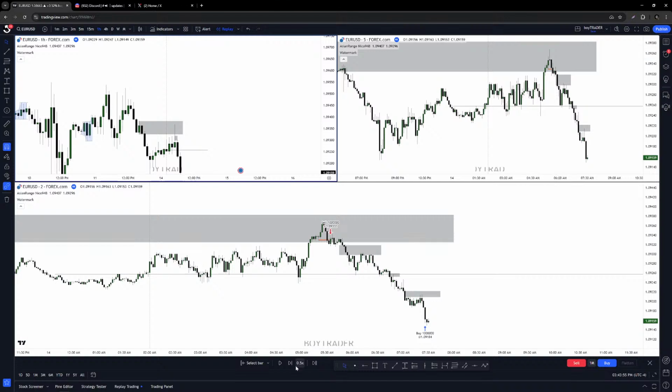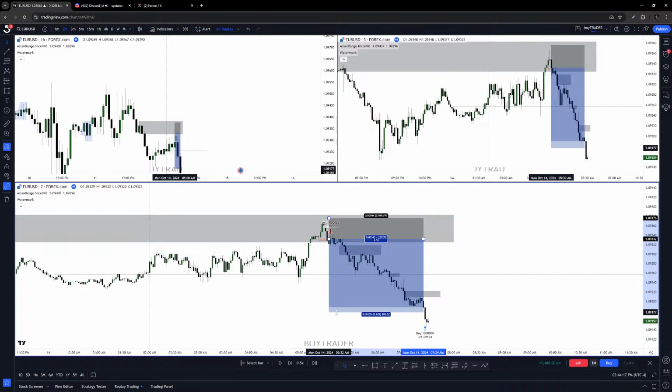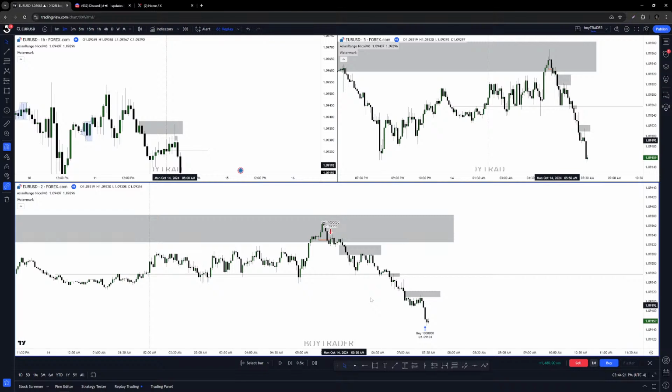So with that being said, this goes for Monday's London session trading. It's pretty much a good trade. I think it was, let me just say 3.5, for the sake of running things up. 3.5.